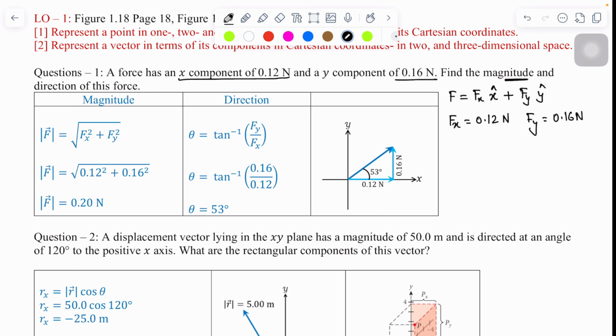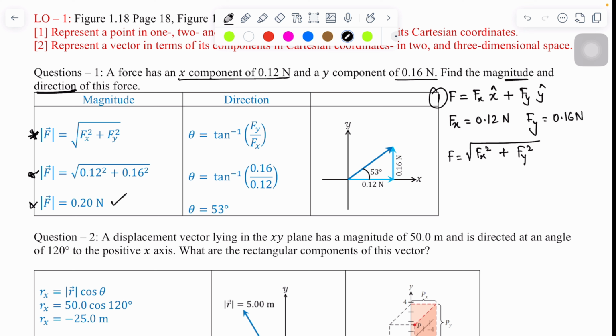Okay, for the magnitude I told you F should be equal to root of Fx square plus Fy square. Fine? So you can just check from here, Fx square plus Fy square. You can place the value and you will get the answer. Second thing, it is looking for direction.